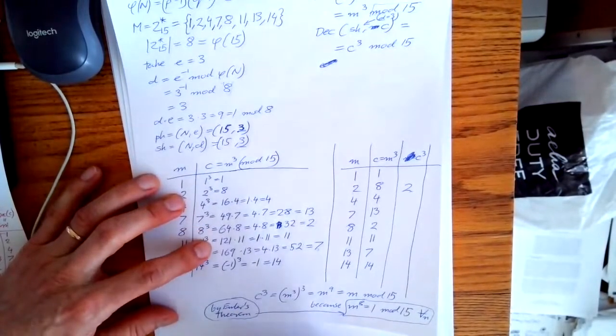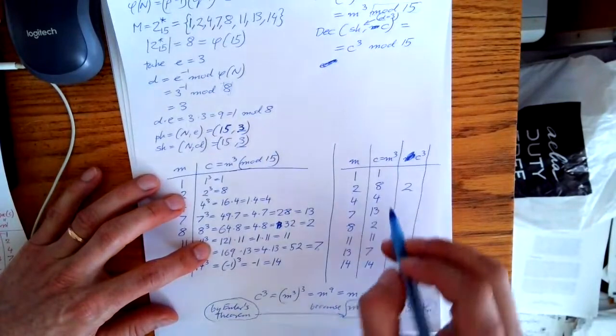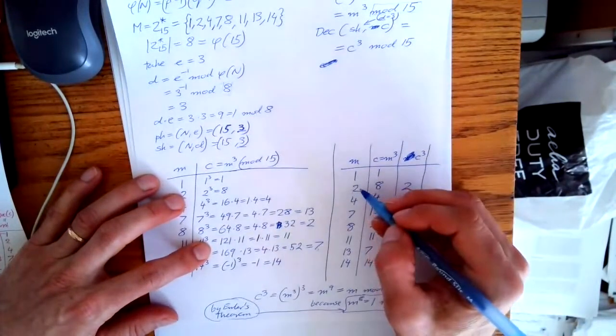So taking stuff to the 9th power will always come back to the original input, because taking to the 8th power is an identity. So you will always get M back.